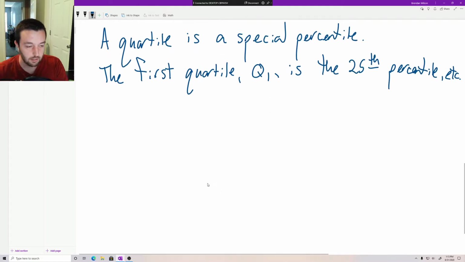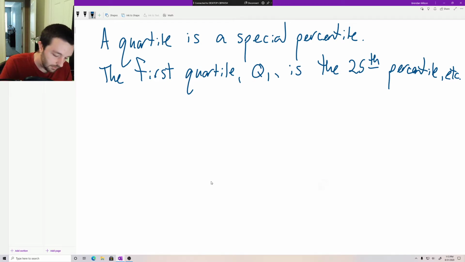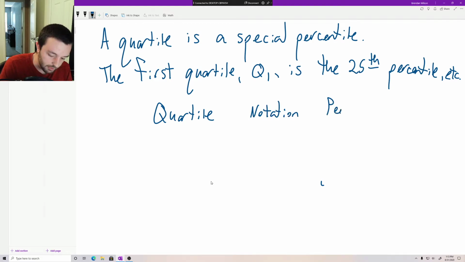But if we talk about the first quartile, all we mean is the 25th percentile. So we can make a table here of the quartile, the notation, and the percentile.